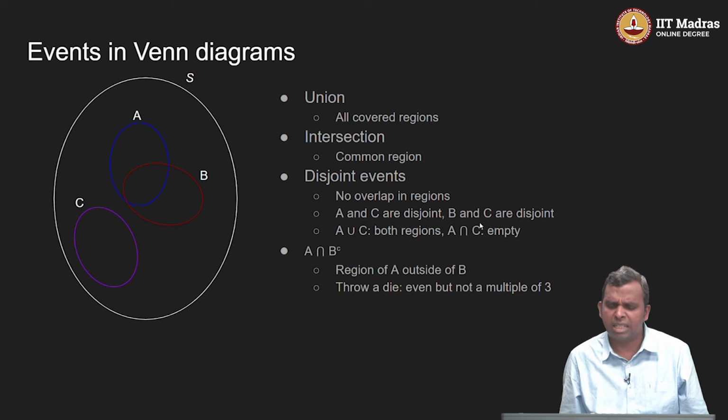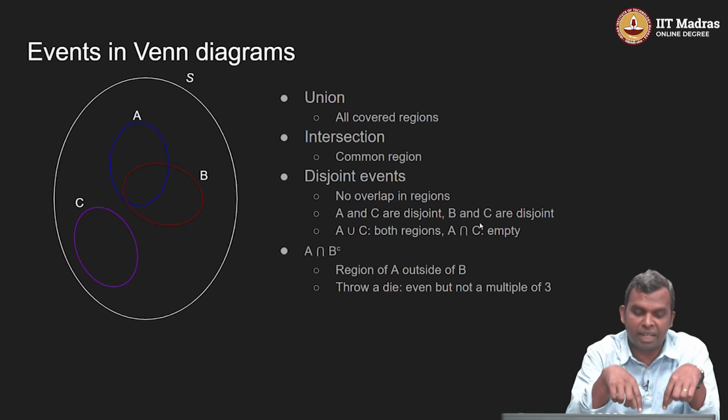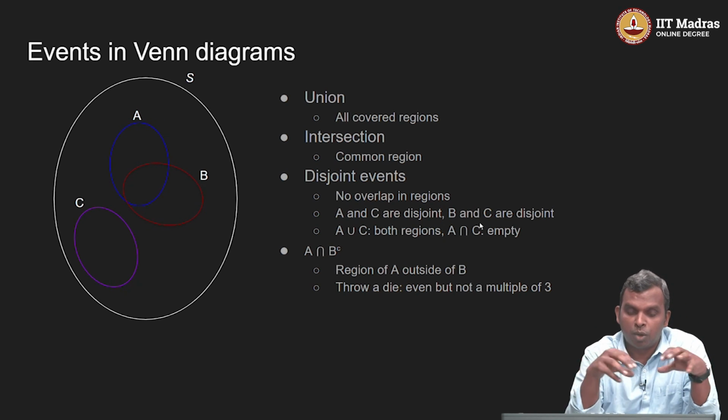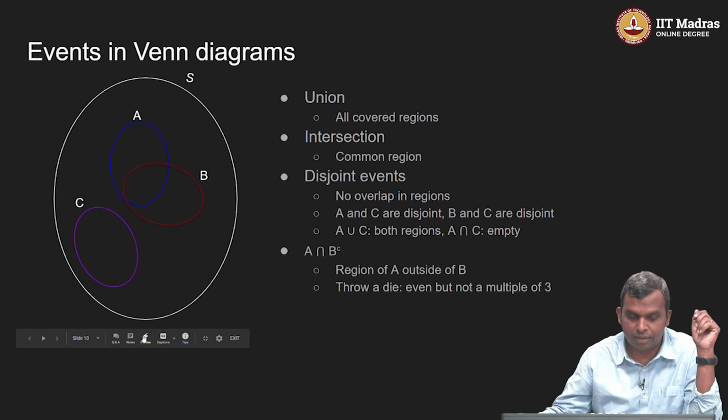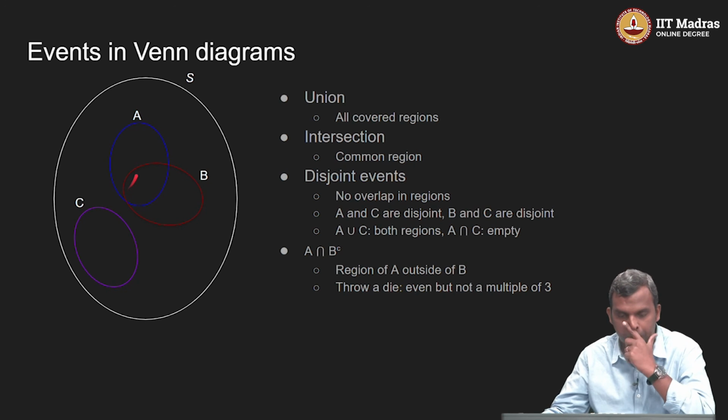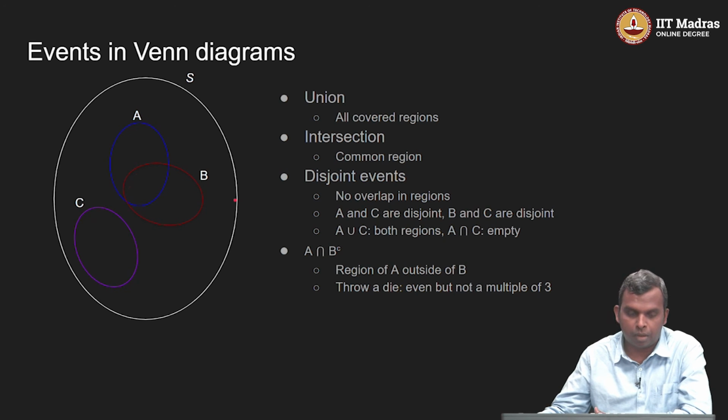Okay, what is A intersect B complement? Okay, what is complement now in a Venn diagram? If I do B complement, everything outside of B, right? You have B, right? So let me just maybe take one of these things and show you. You have this set B. So you have the set B. Okay, what would be B complement?